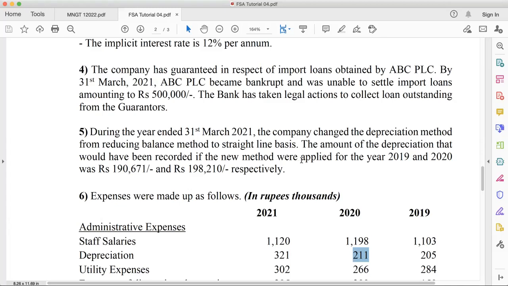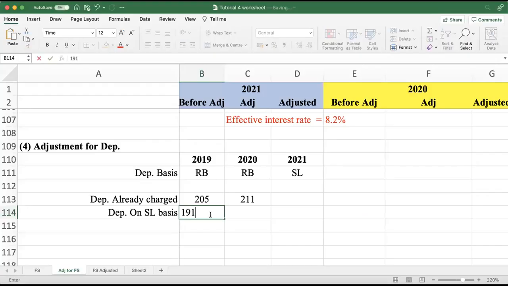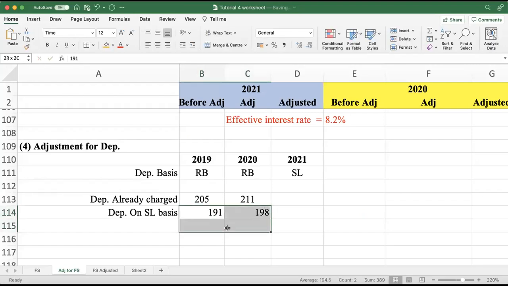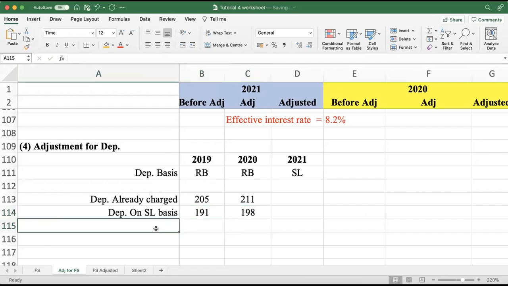If the new method were applied, 2019 depreciation is 191. 2020 depreciation is 198. So depreciation according to the new method: 191, 198. Then how much over depreciation?